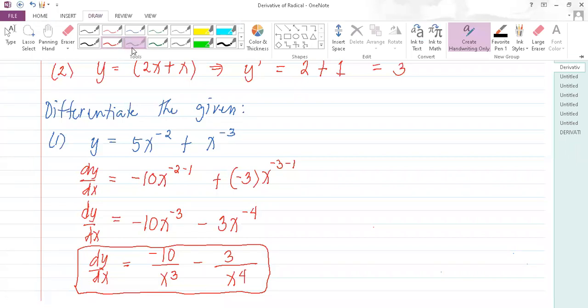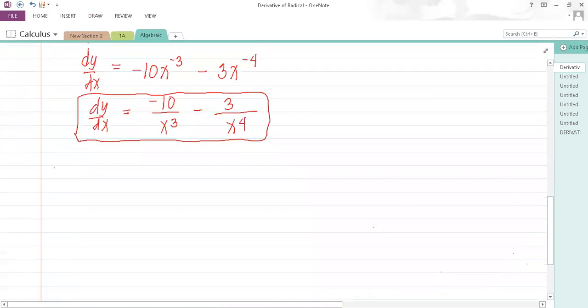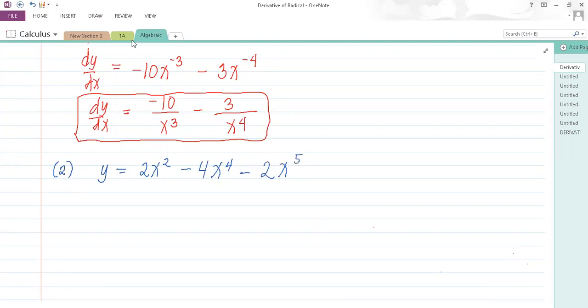Say we have, let's have number 2. So differentiate the given function. The given function is equal to y, that is equal to 2x squared minus 4x raised to 4 minus 2x raised to 5. Okay, so kunin natin yung derivative.